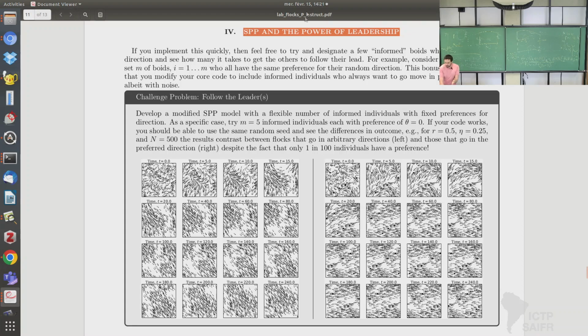So basically, this last challenge problem is just to modify this code in order to have a certain number of birds that will go in the theta equals zero direction, therefore in the positive x direction. So you will have a certain number of birds that will, no matter what, go in this direction.